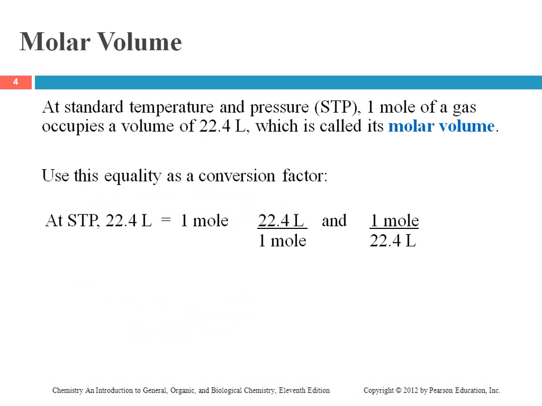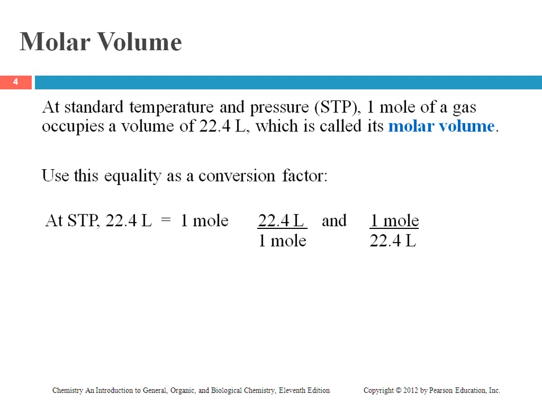At STP, 1 mole of any gas occupies a volume of 22.4 liters, which is called the molar volume. This is very unique to gases because for your liquids and your solids, there's no way for us to relate 1 mole of a liquid or solid to other moles of a different liquid or solid.